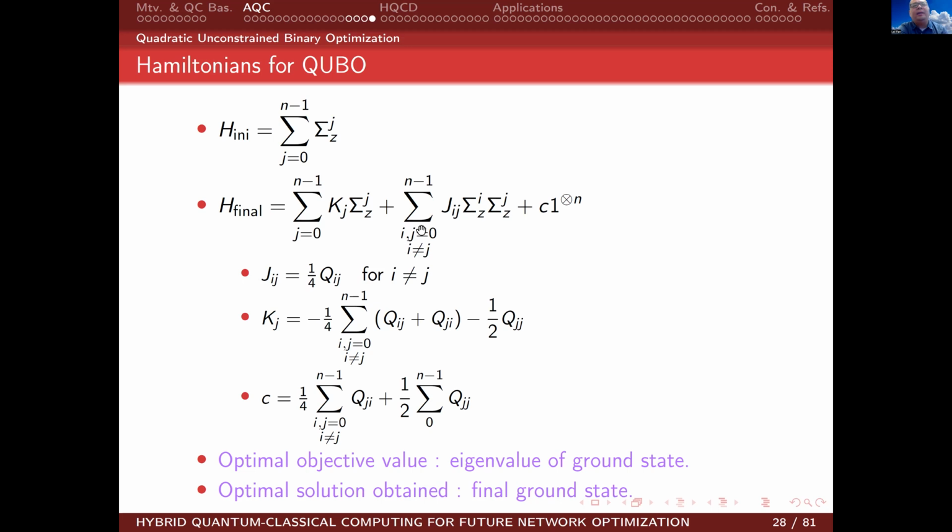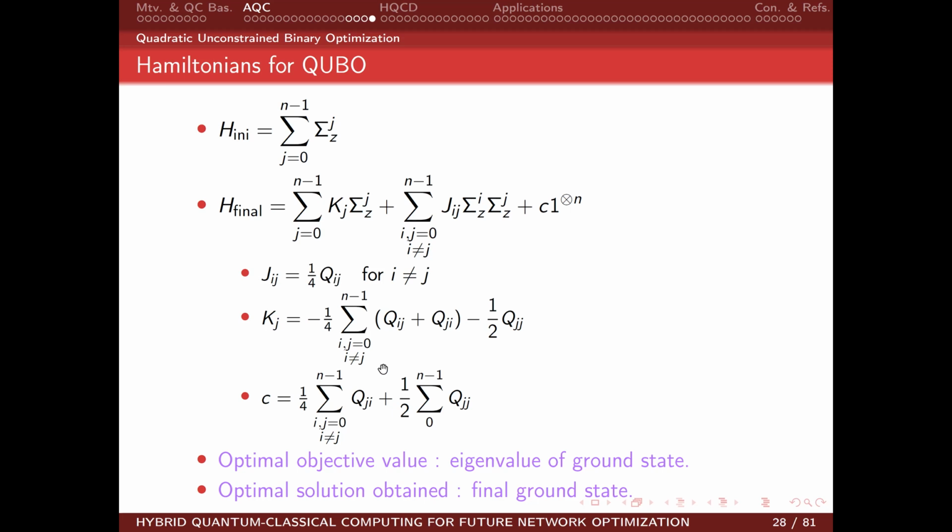So here we can see we have a very complex representation for the quantum final Hamiltonian. In this complex representation, we define K_j and G_ij. This K_j and the sum of the G_ij, essentially we obtain from the Q. This Q_ij is from the classical problem.